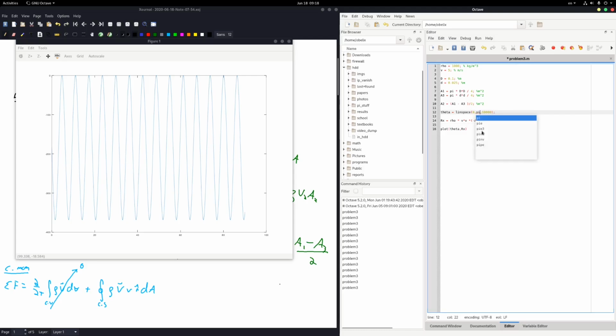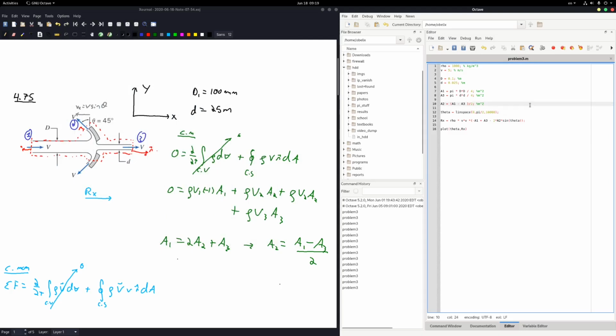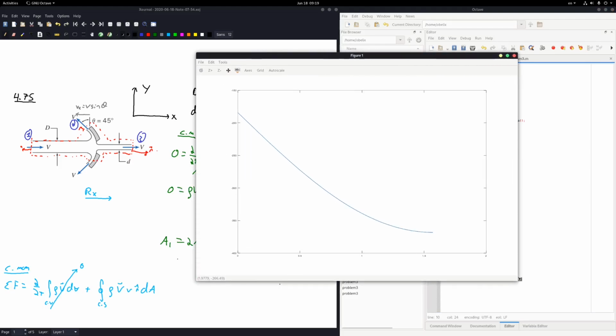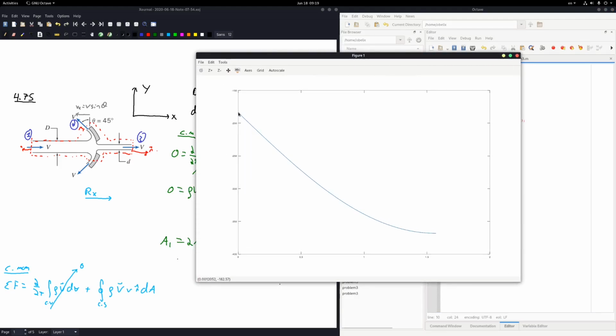So now if I replace this by pi over 2, that's 90 degrees, and we rerun this, and look at that, now we get something that makes a little bit more sense. We start with a negative force at 0 degrees, which means the plate is flat here.